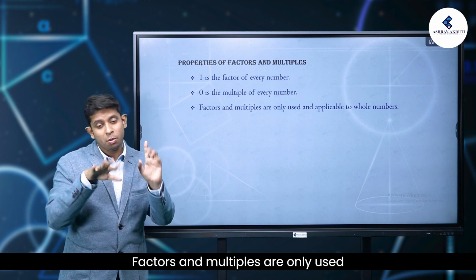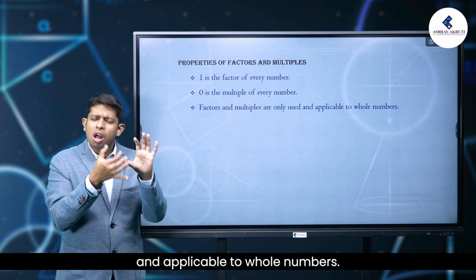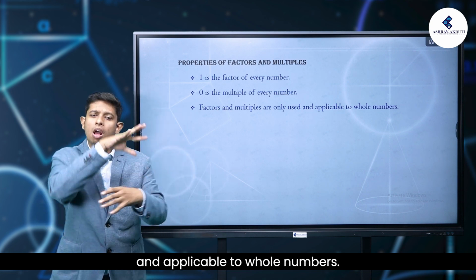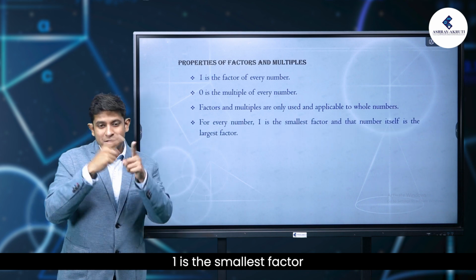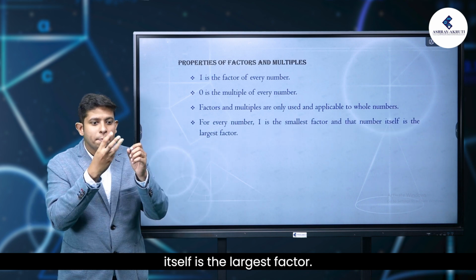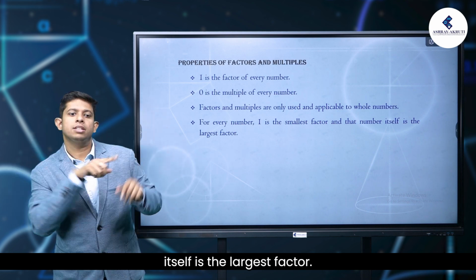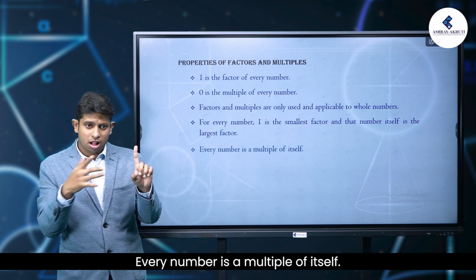Factors and multiples are only used and applicable to whole numbers. For every number, 1 is the smallest factor and that number itself is the largest factor. Every number is a multiple of itself.